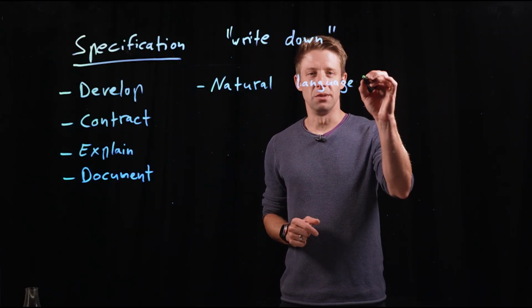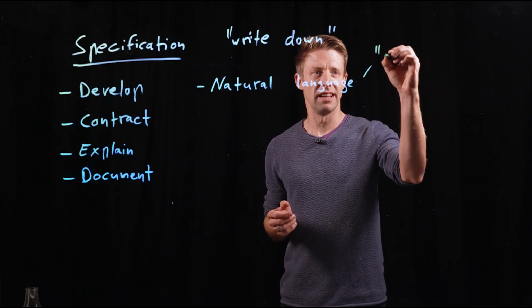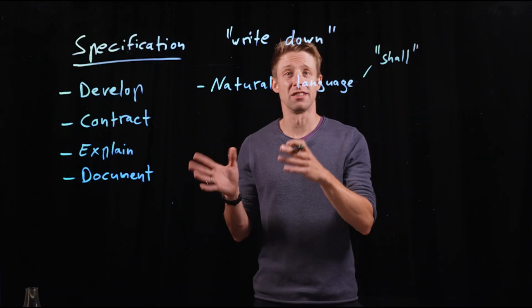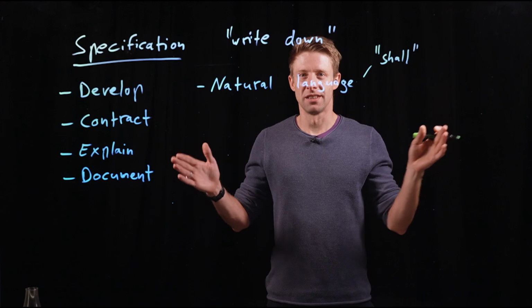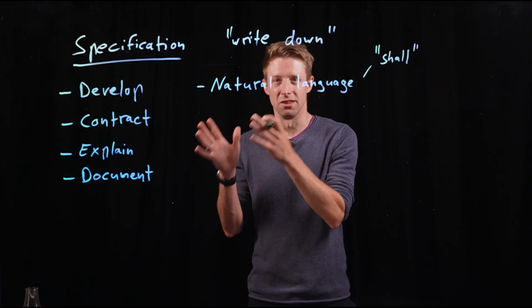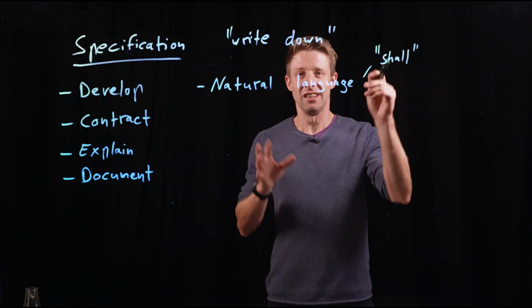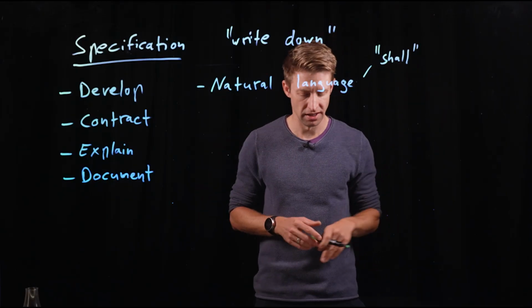One of them is that we tend to use specific vocabulary. So a common thing is to use the so-called shall statements. The system shall do X, and this just describes what it is, what the system, a part of the system, a component. Shall, it's required, it has to do this, and then you describe an action.